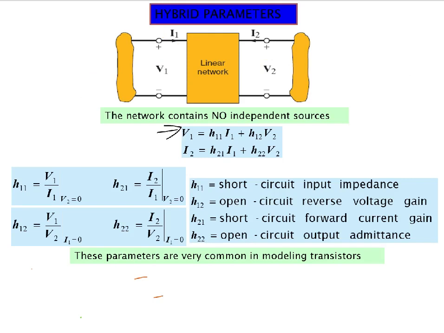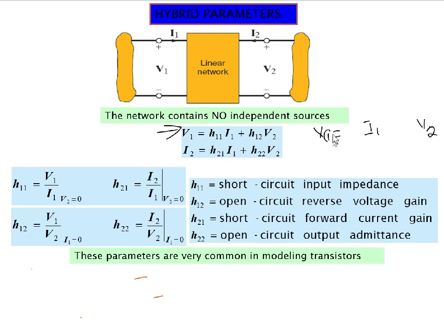V1 is connected to its own current I1, and the opposite side voltage V2. So we can say that V1 is connected to its current I1 and the voltage of the opposite side, as we discussed in our previous discussion.